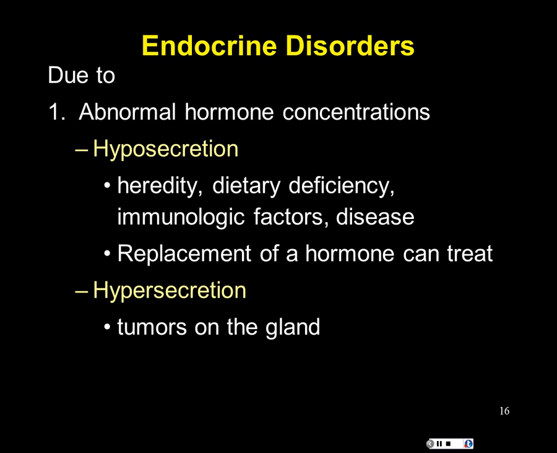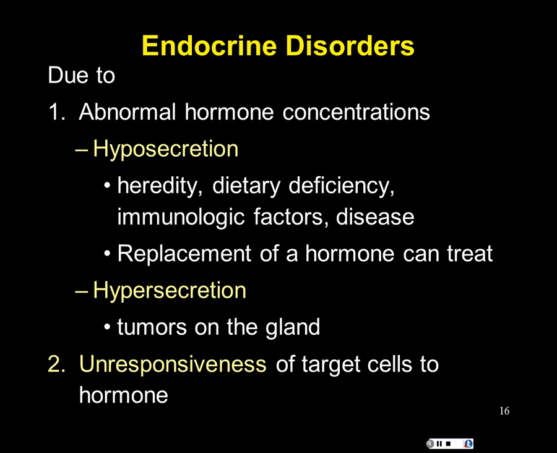Cut it out, cut the gland out, cut the tumor out, whatever the case may be. And then you may become what? Hyposecretion. But then the good thing is you can retreat it. You can replace the missing hormone. So one reason, or a couple of reasons, someone may have an endocrine disorder is just poor secretion of the hormones, over or under secreting them.